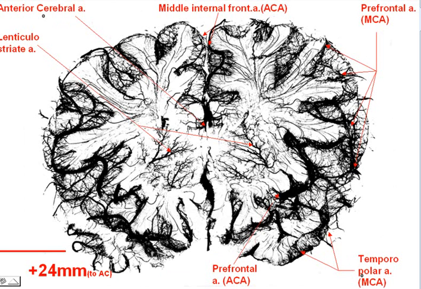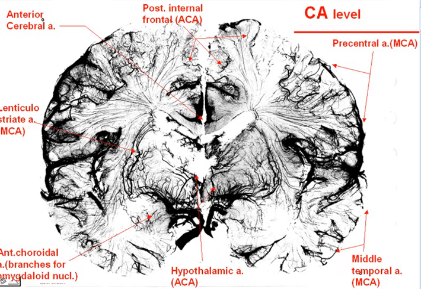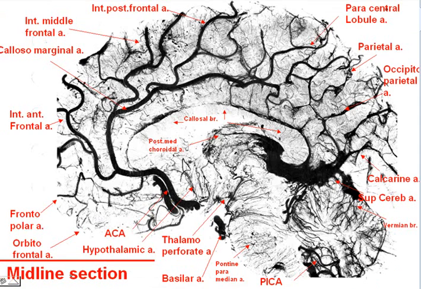That's the recurrent artery of Heubner, giving a branch to the head of the caudate nucleus. These are the hypothalamic perforators from the ACA. And then for the vascularization of the corpus callosum, you have perpendicular branches going into the corpus callosum.